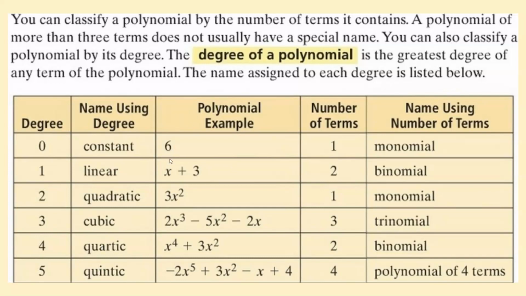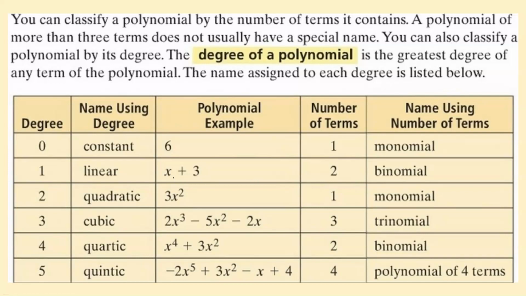So here's an example of a polynomial that's just 6. So it has only one term, so it's a monomial. And the degree is 0, right? We could say that we have x to the 0 power, right? X to the 0 power is 1. So basically it's just like an invisible x to the 0 power. And the name using that degree, so since it has a degree of 0, we just call it a constant.